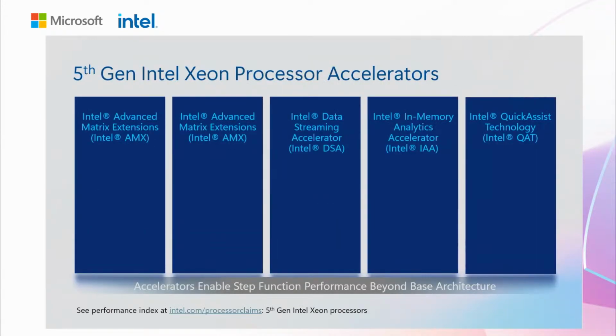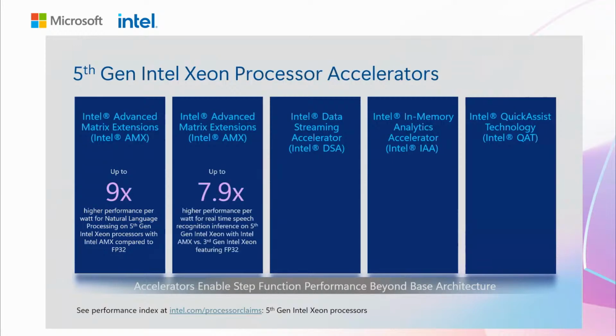With 5th gen, we get 4 different types of accelerators: Intel Advanced Matrix Extensions, AMX, Intel Data Streaming Accelerator called DSA, Intel In-Memory Analytics Accelerator known as IAA, and Intel QuickAssist Technology called QAT. AMX is designed mostly for AI workloads, where we can get up to 99x performance increase. With AMX Advanced, up to 7x, depending on what workload we are running.